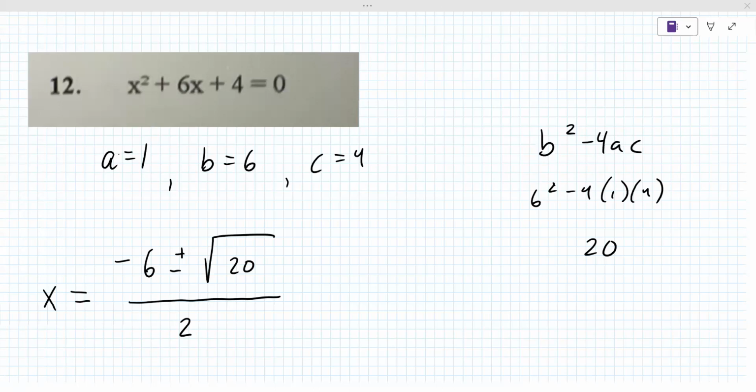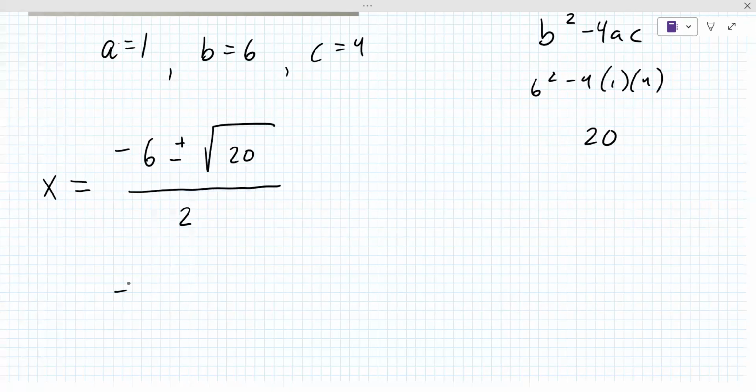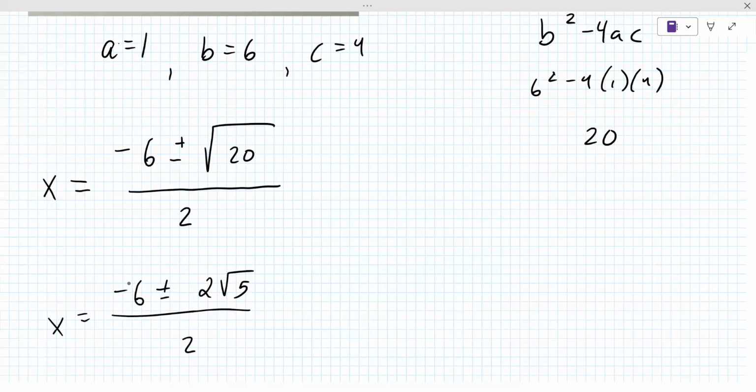Yes, 2 square root of 5. So we replace the square root of 20 with 2 square root of 5. And then you'll divide each of these by 2. So -3 plus or minus square root of 5. Yes.